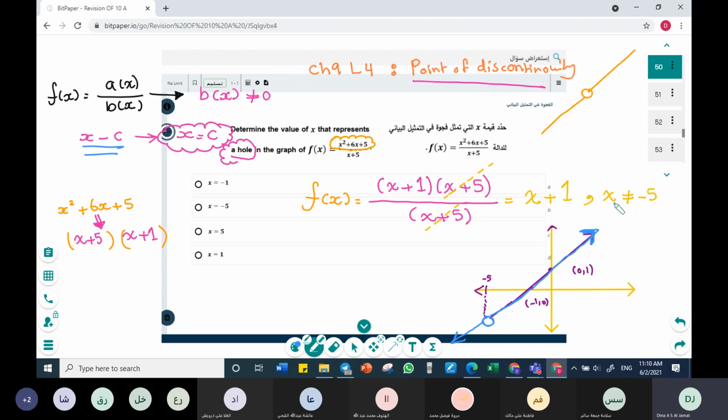So the value of c is minus 5. You can make the denominator equal to 0 to exclude the value that gives you the point of discontinuity. Anyone lost in this question? No. Shall I move on? Yes.